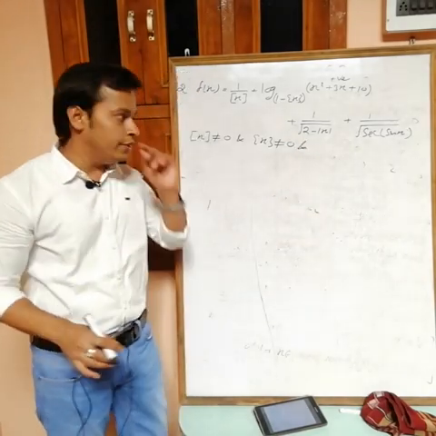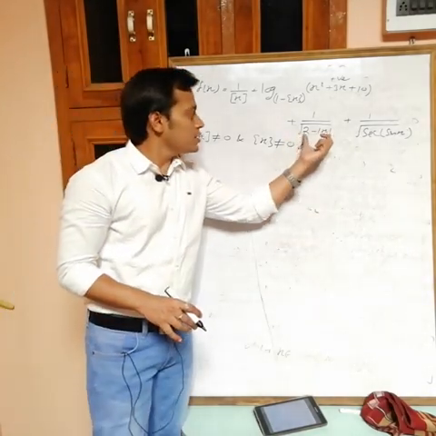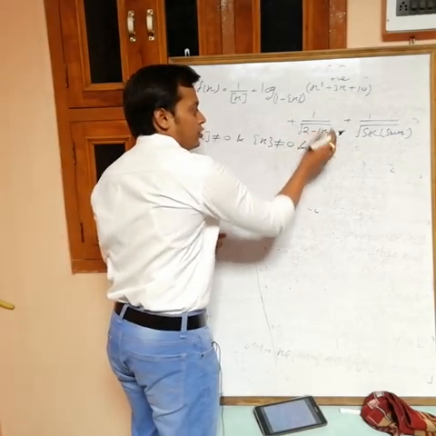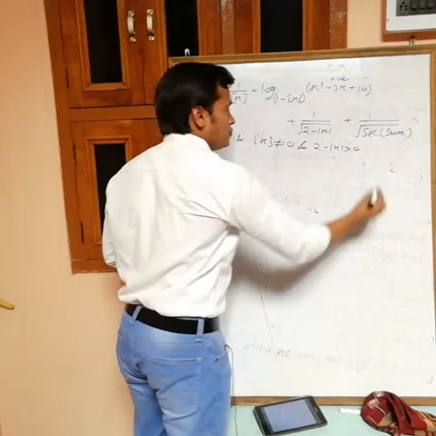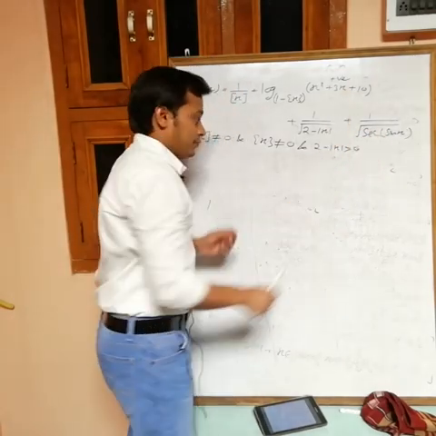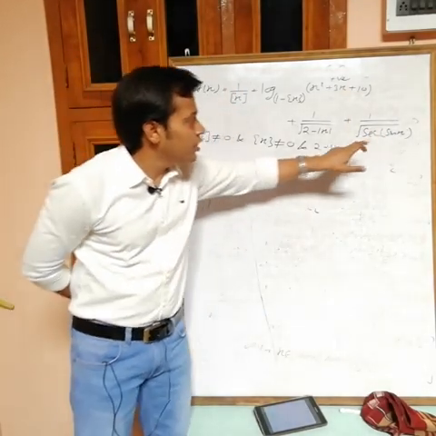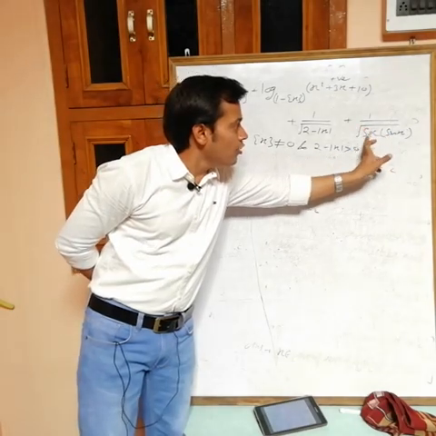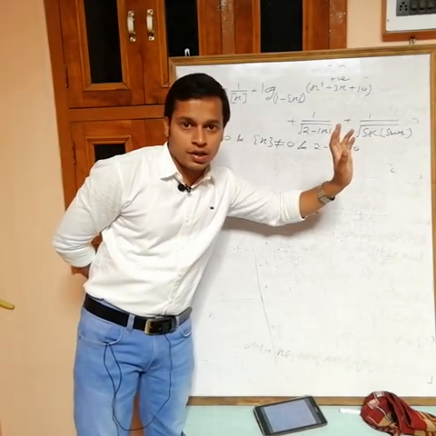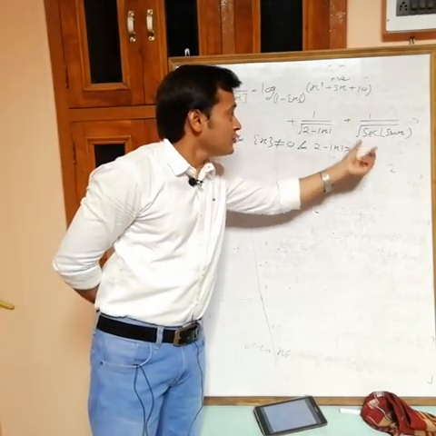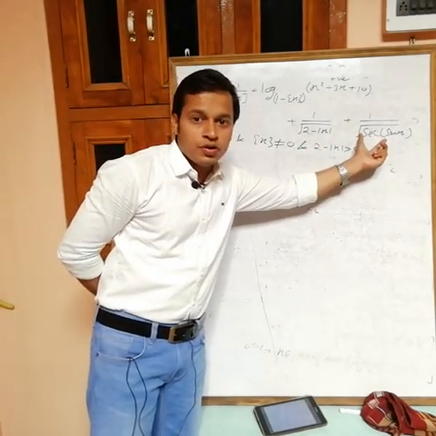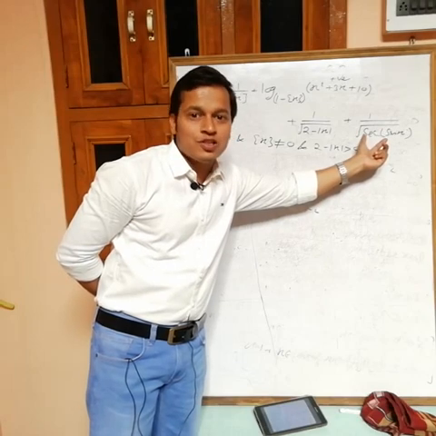And means intersection. Again this is in the denominator, so root of 2 minus mod x must be greater than 0. Now check for the last one. Here we have root of sec of sin x. This one must be positive, but actually it is always positive.